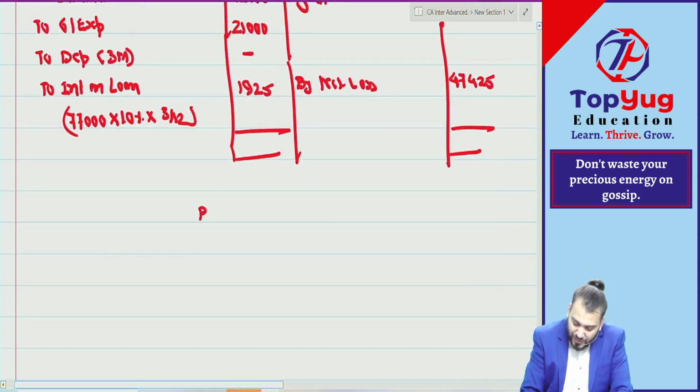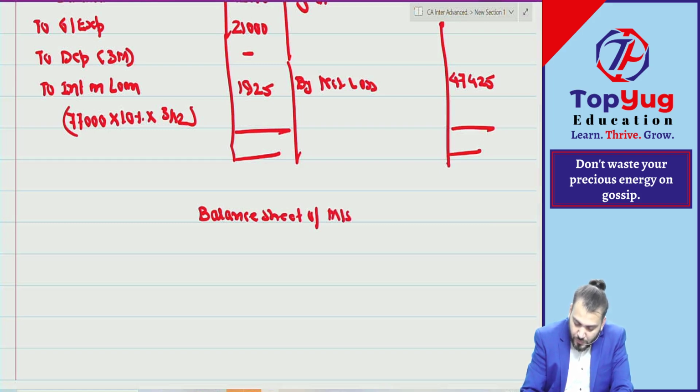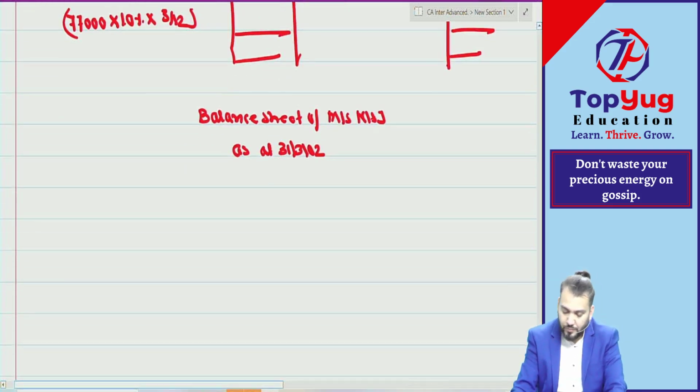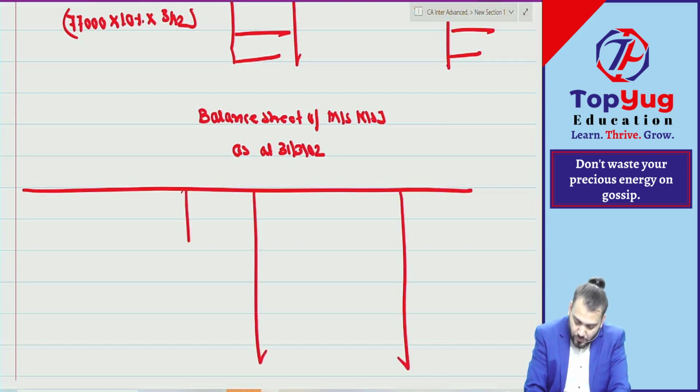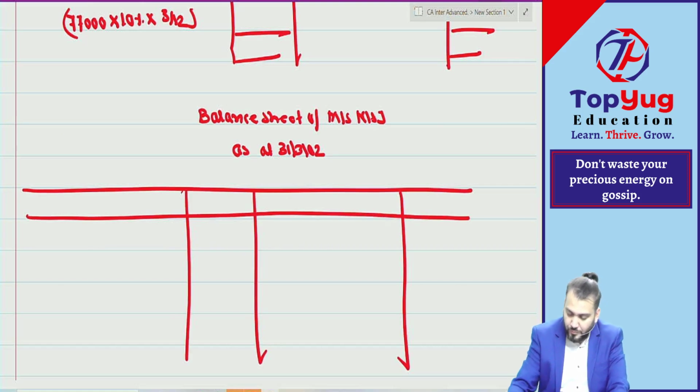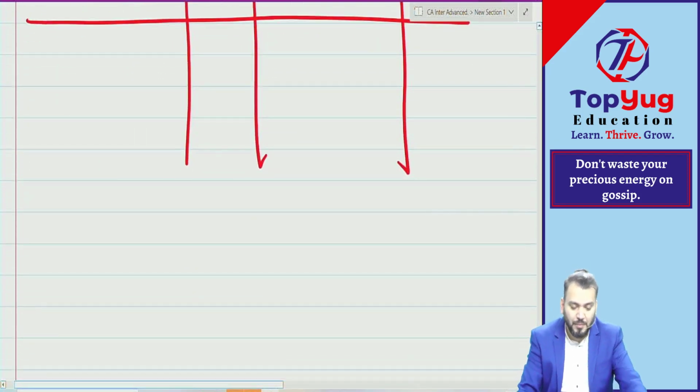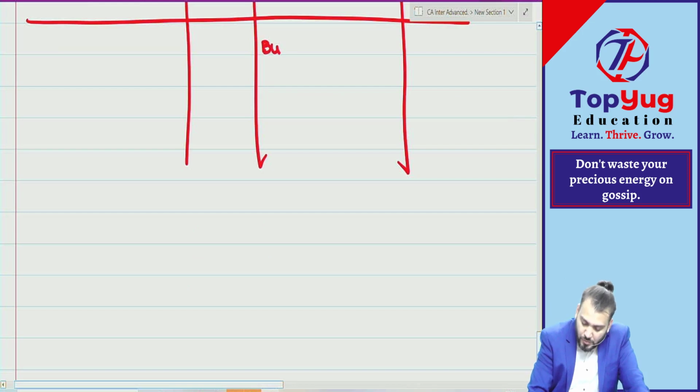Now we'll prepare the balance sheet of Messrs NHJ as at 31st March 2002. One by one. Building, but how much? No depreciation: 2,10,000.